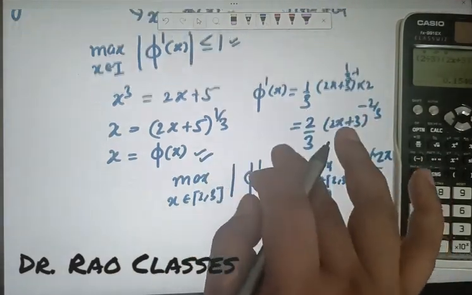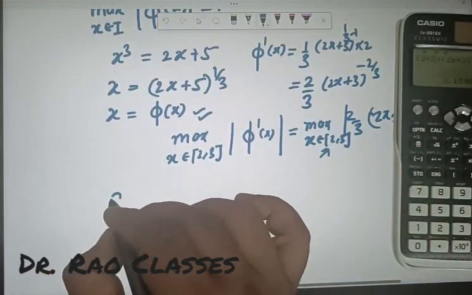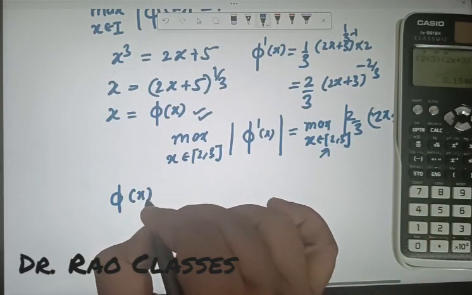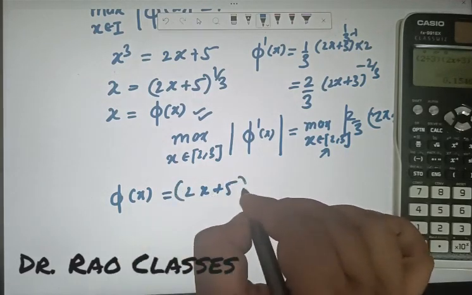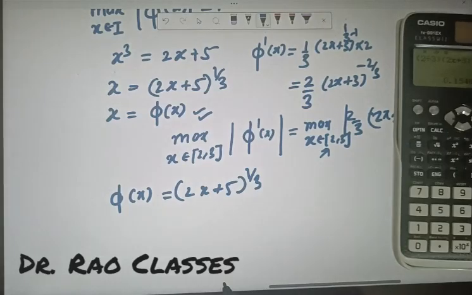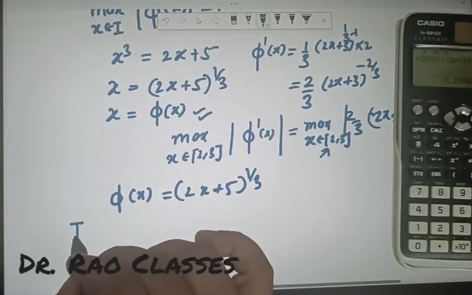So what about your phi of x? Now phi x is 2x plus 5 to the whole power 1 by 3. It is your phi of x. Now what about the iteration formula?